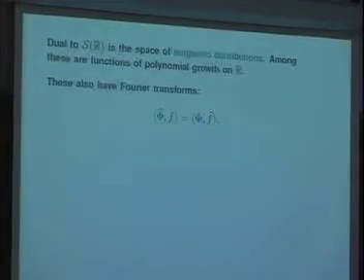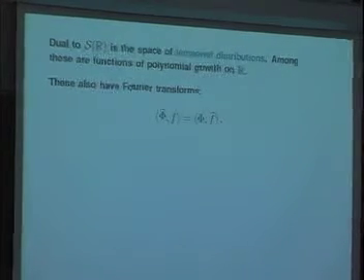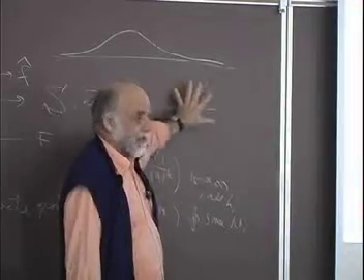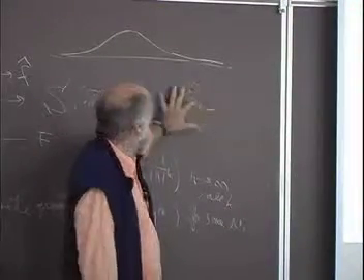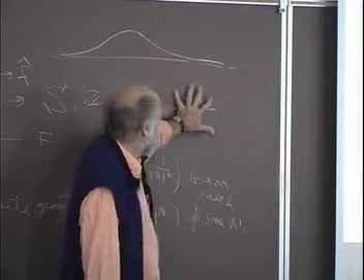Okay. And dual to S of R, the Schwartz space, is the space of tempered distributions. Now, a distribution without the word tempered on R: if I look at the smooth functions of compact support on R, that's a topological vector space. The topology is a little bit complicated, which is why I haven't introduced it. But anyway, that's a topological vector space.